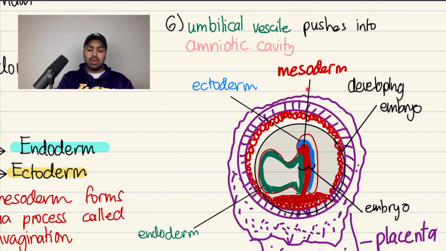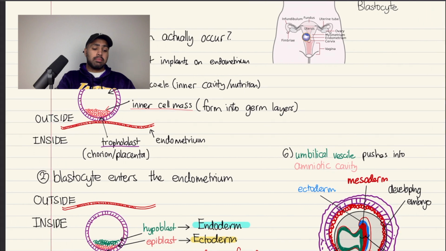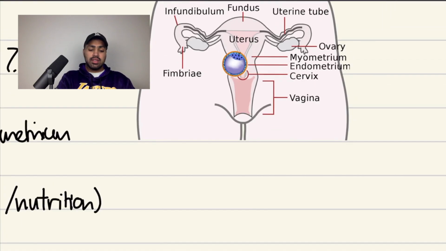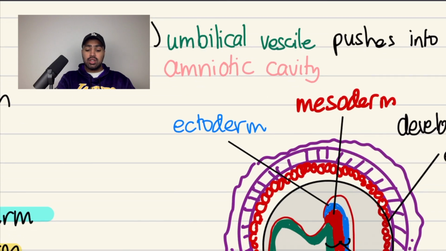So here's the mesoderm that we see, here is the ectoderm that we see, and here is the endoderm that we see. And also notice how we have the placenta formed. That's pretty cool, isn't it? So this is the essential goal of gastrulation. We have gone from a blastocyst that was not mature, to this. It's more developed now.